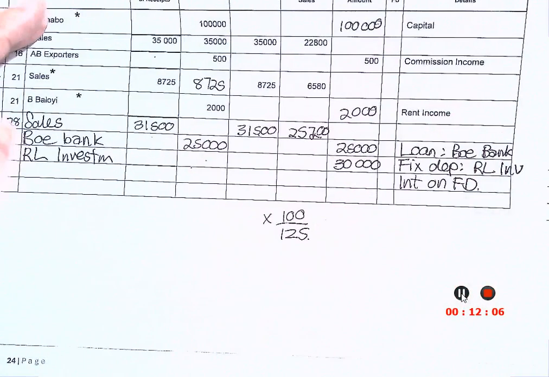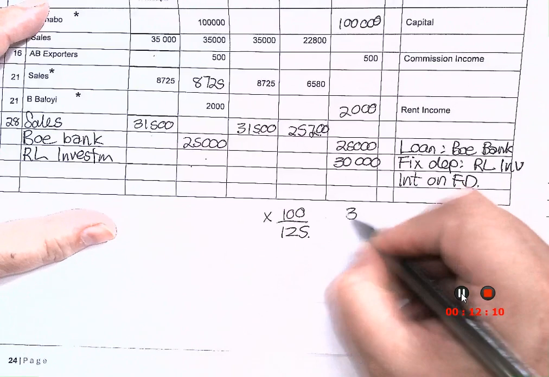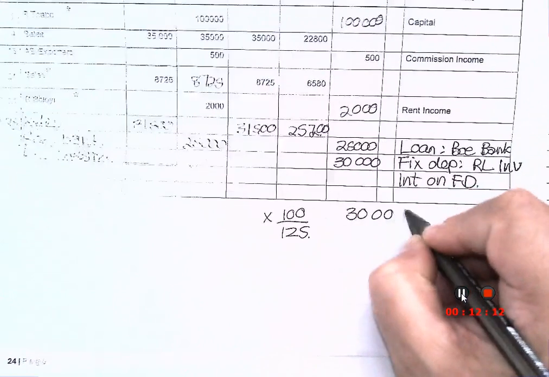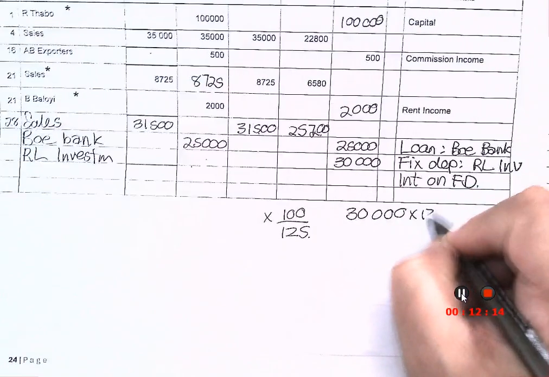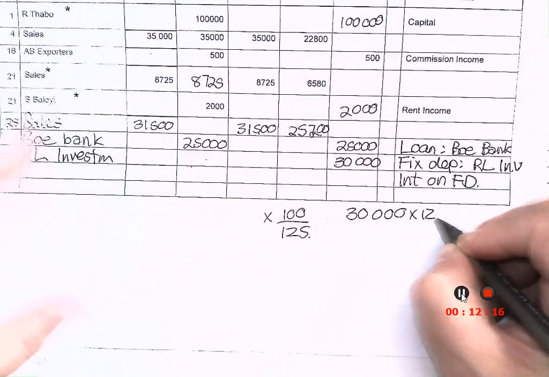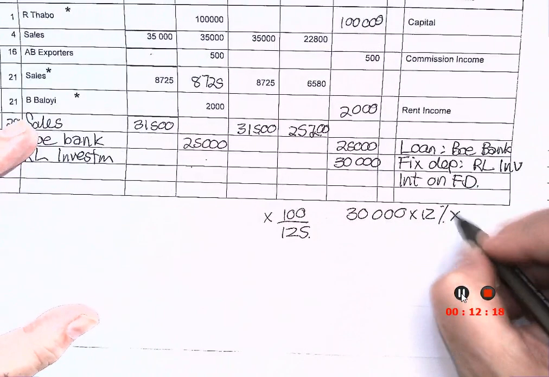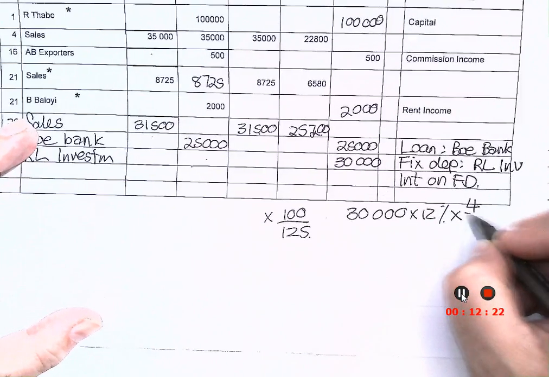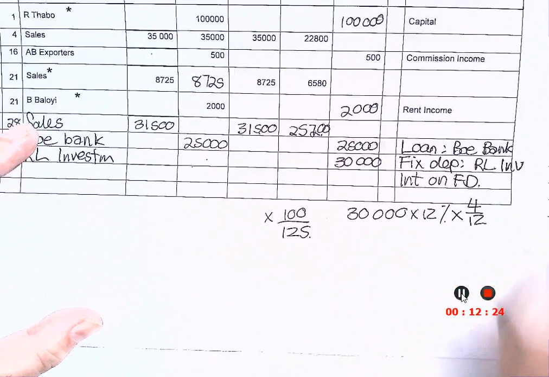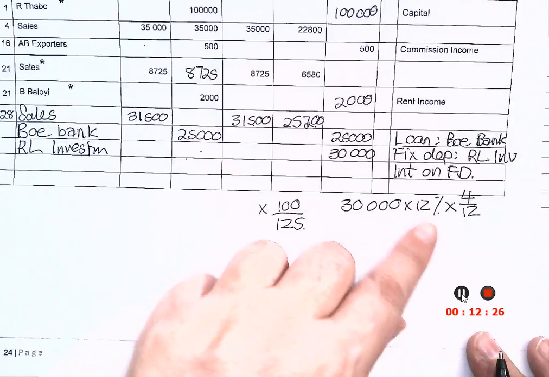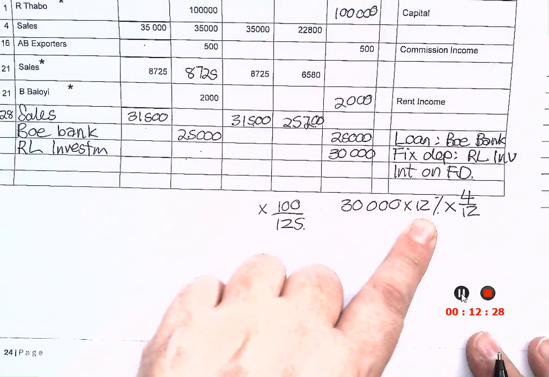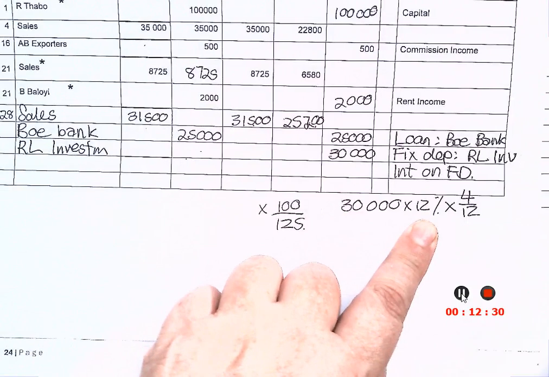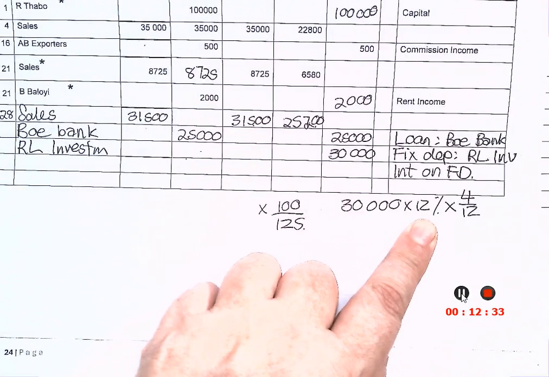Right. What would my interest be? So I'm going to say 30,000. They say it's 12%. Ne? Is that right? And it's for how many months? 4. So can you see I'm going to say 4 out of 12. Let me explain it. This 12% is per year. How many months in a year? 12.